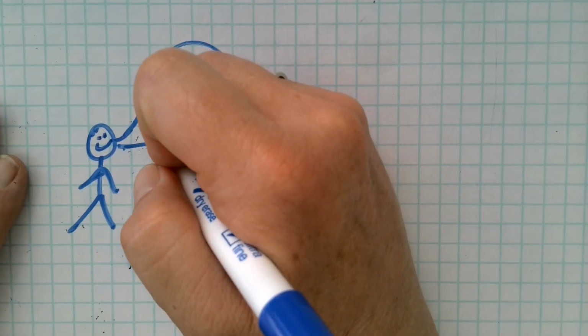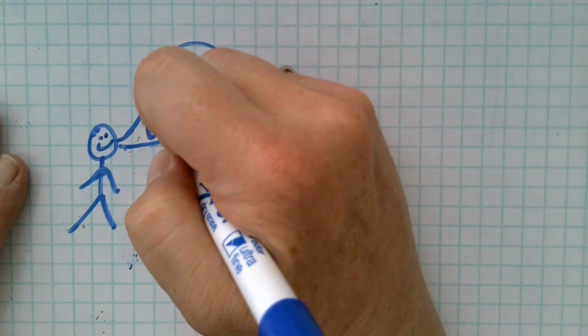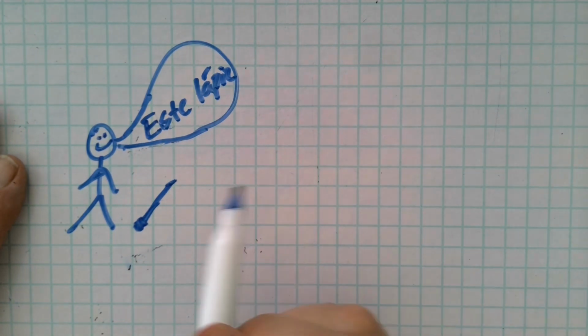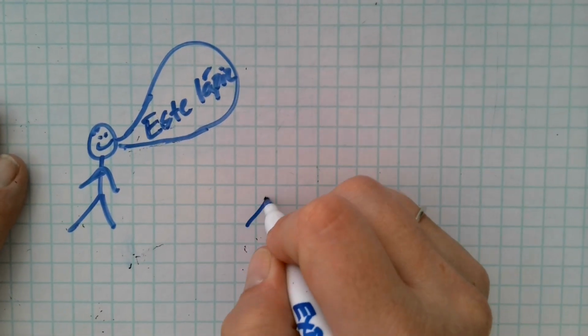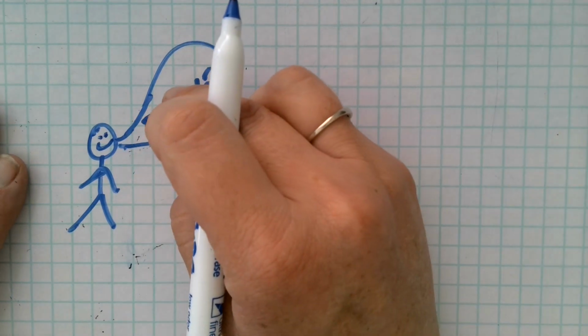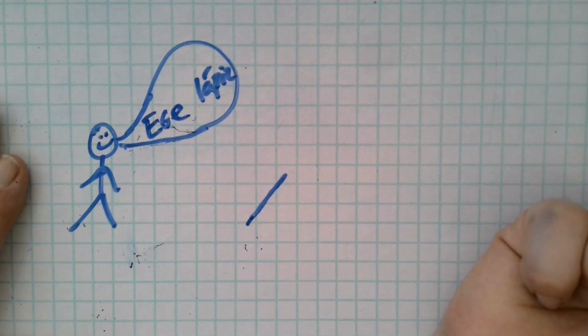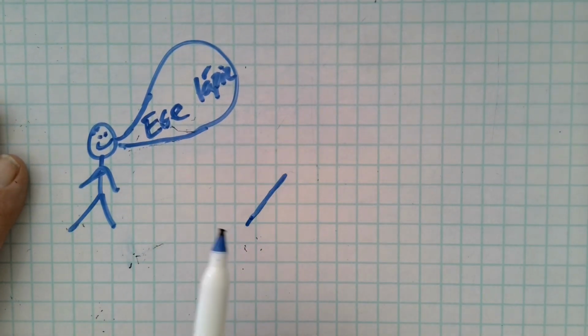He would say, este lápiz, because it's close to him. However, if it's a little bit further, he would say, ese lápiz, meaning it's still somewhat close, but it's farther away from him.